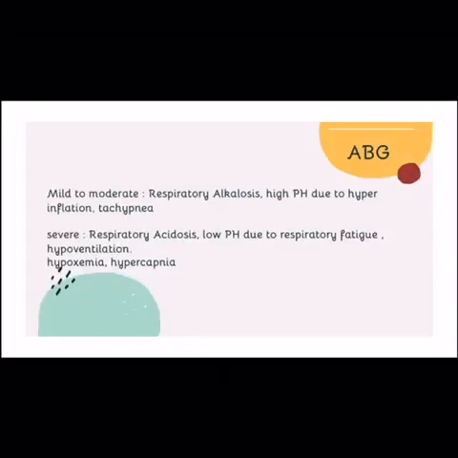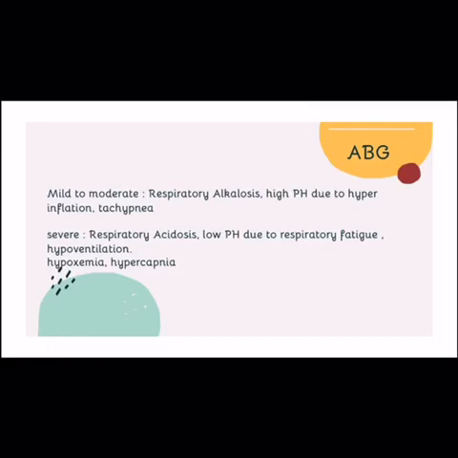Arterial blood gases will help us to determine the severity of the patient's condition. So, when the patient has a respiratory alkalosis or high pH, it is due to hyperinflation and tachypnea. The patient is trying to take the air in and out of his lungs, so he has a mild to moderate asthma attack.